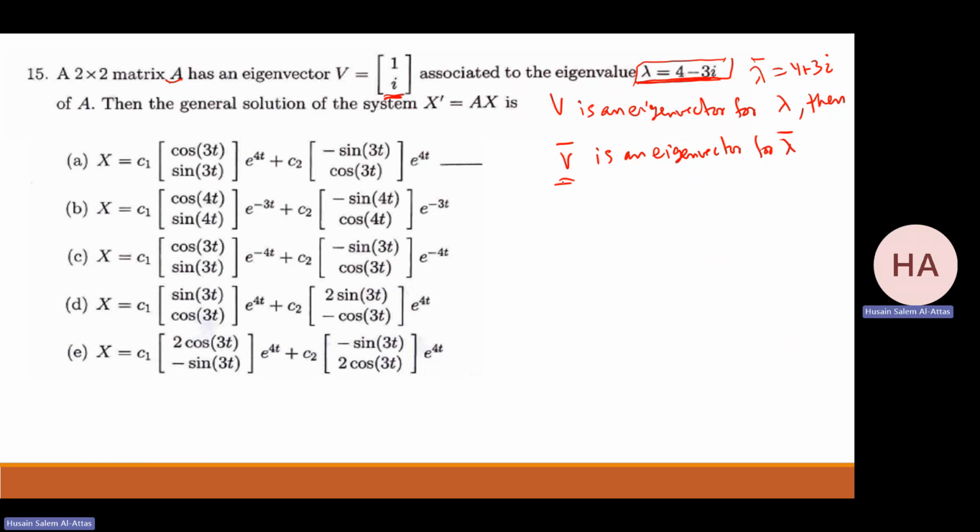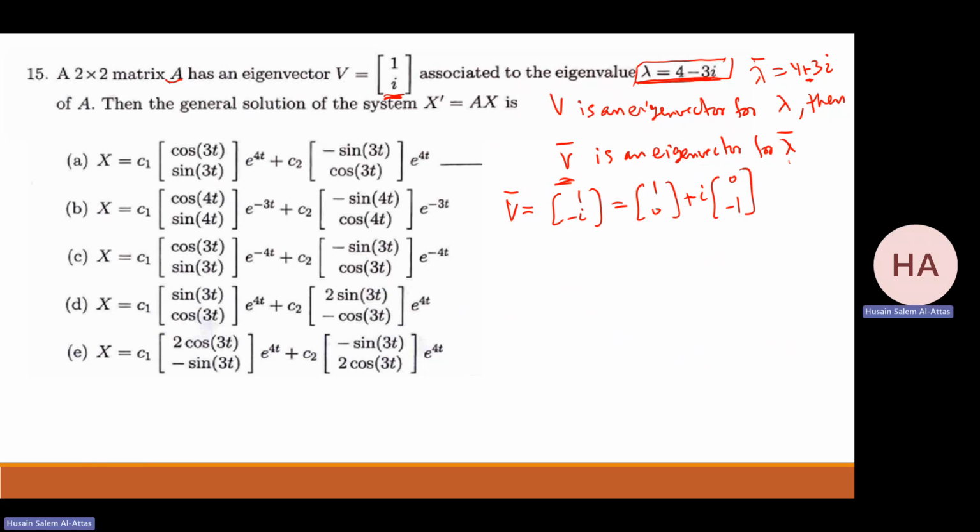Actually, I'm looking for this because it's a procedure. So I need to find B1 and B2 according to the eigenvector for the one with the plus sign. Okay, so my work should be with V bar, which is 1 and minus i, and that is 1, 0 plus i, 0 minus 1.